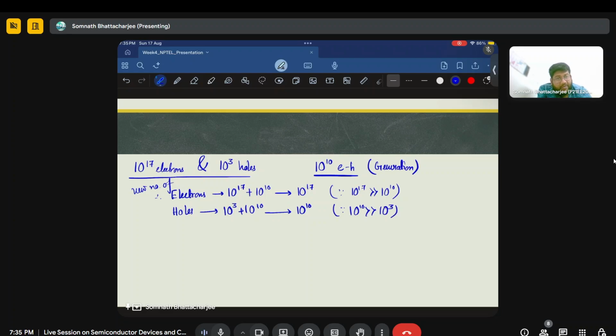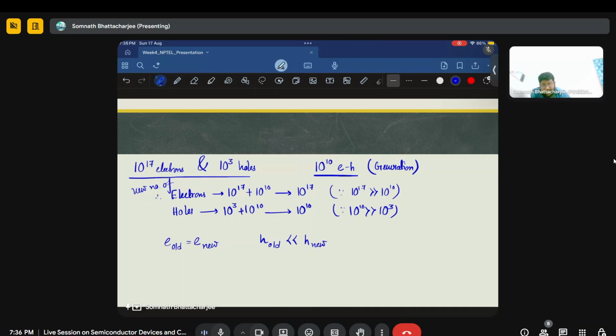So the number of electrons old is the same as the number of electrons new, but the number of holes old is much less than the number of holes new.